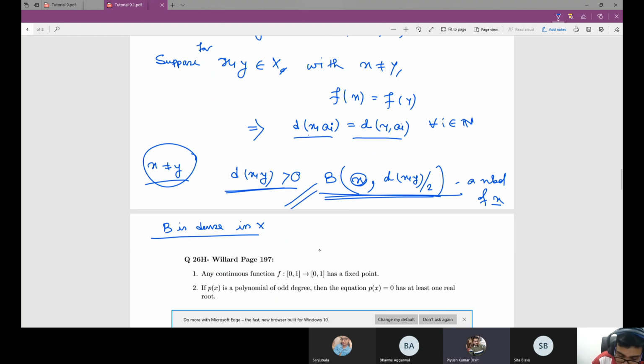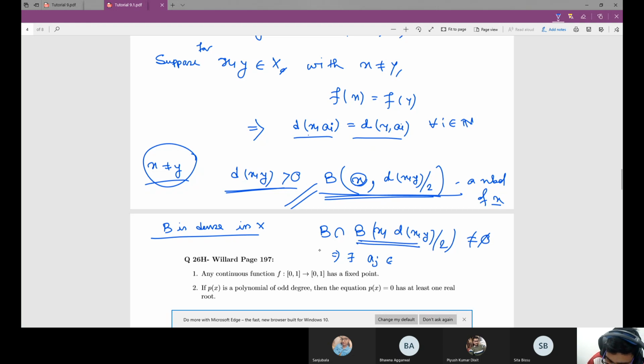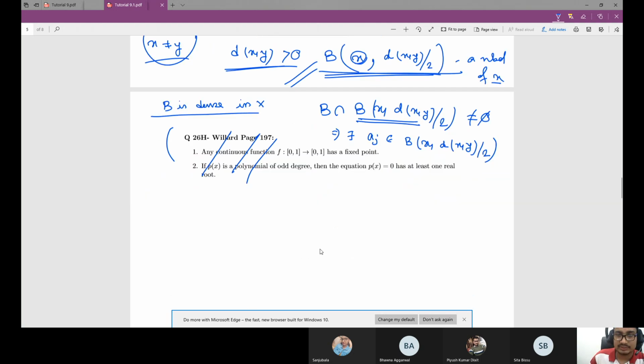Their intersection is non-empty. Therefore, B intersection this ball is non-empty, meaning there exists some aj that belongs to B(x, d(x,y)/2). Again, I am doing this because I need pages.